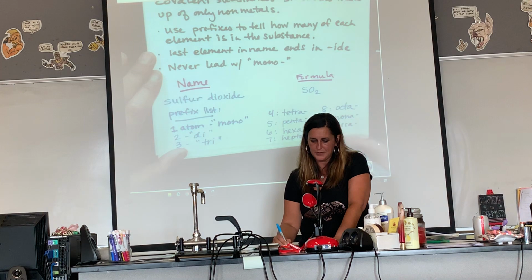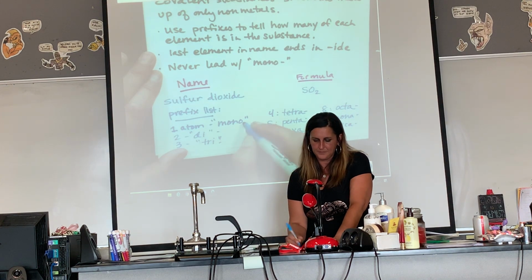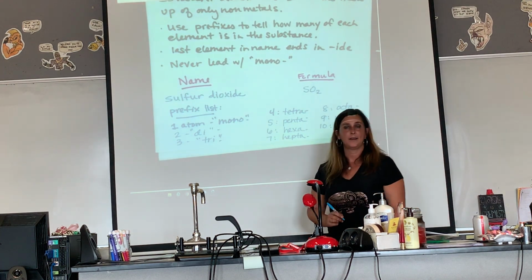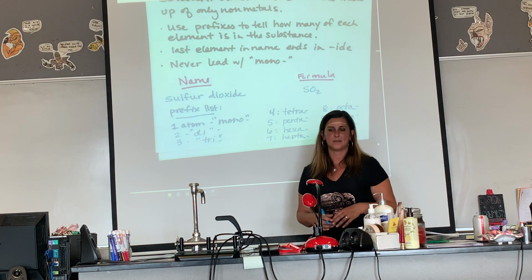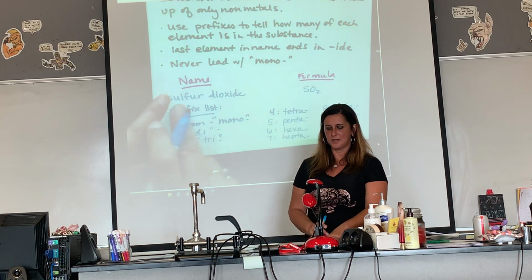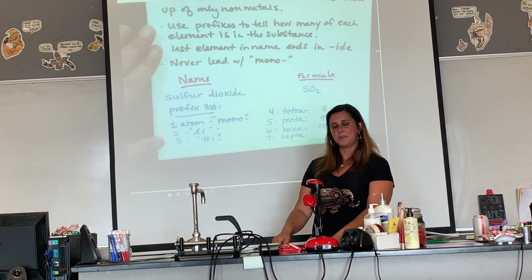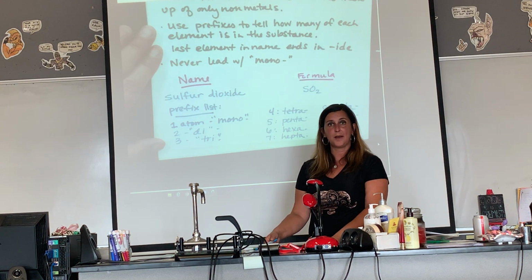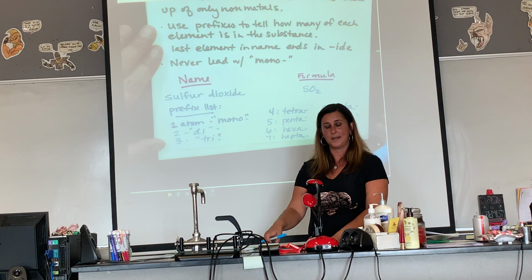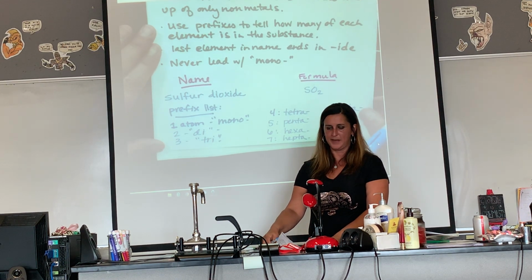So these are all prefixes that we use to indicate how many of a specific element there are in a substance. So we're going to go on with a couple more examples, and you can take time to memorize these, definitely, so that you have them in your bag of tricks right at the top of your head. And we'll do a couple more examples here on the next page.